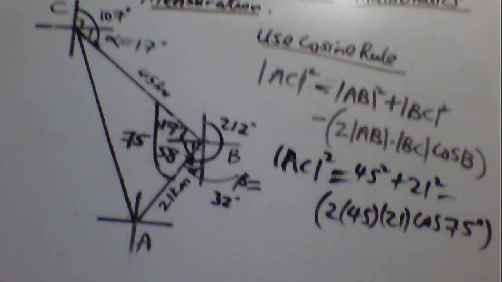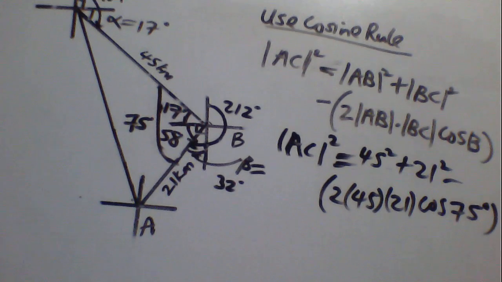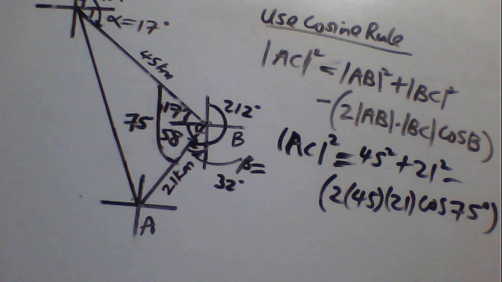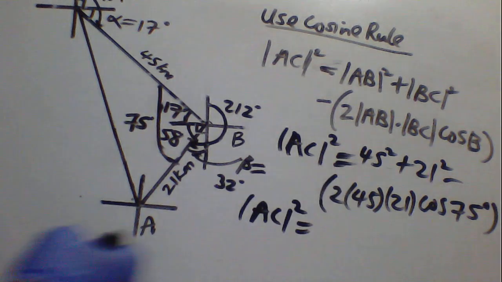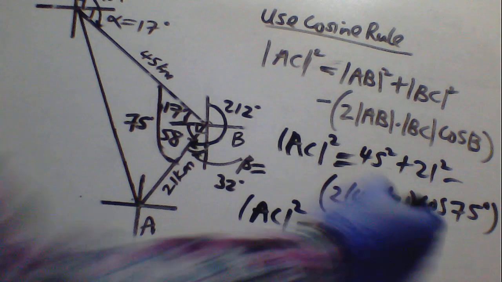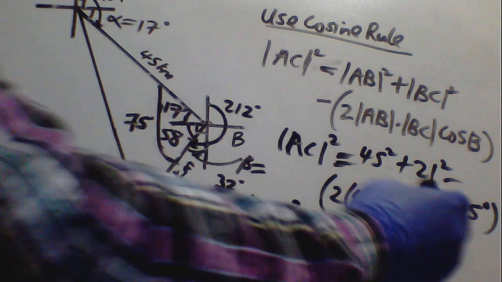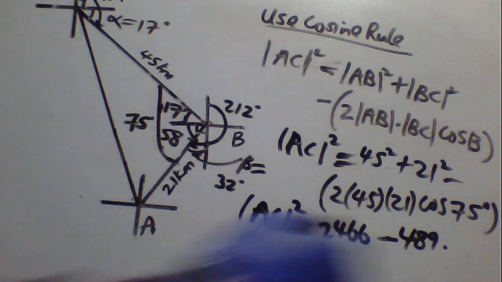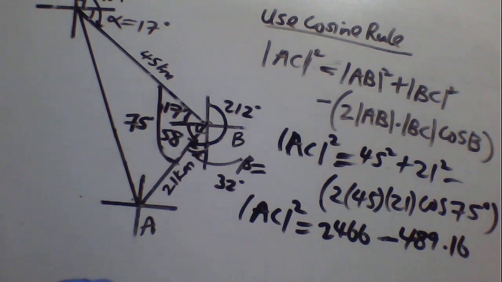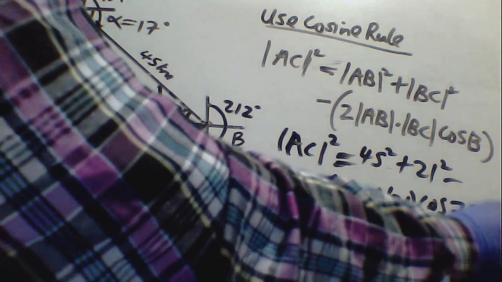So solve it using a calculator. Simplify it totally. If you simplify it, you will have AC squared to be equals to 2466 minus 489.16, 799.95.